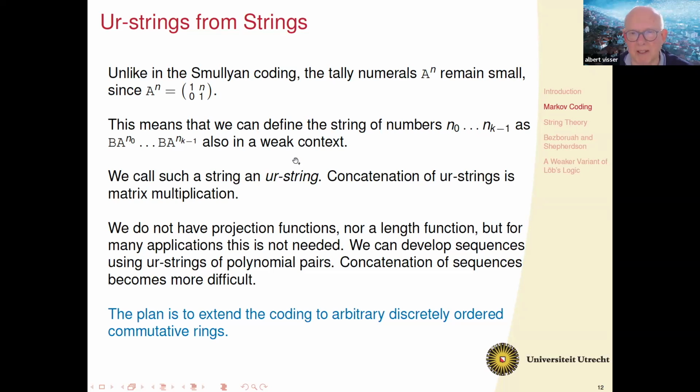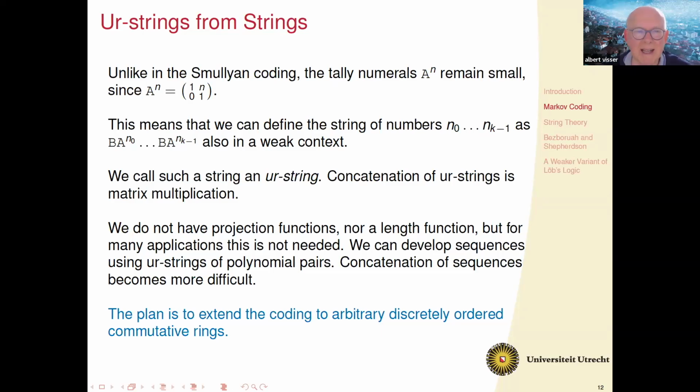And so this works in a very weak context. So I call such a string an Ur string, so it's really an Ur element string. Yeah, well, let's talk about the naming later.